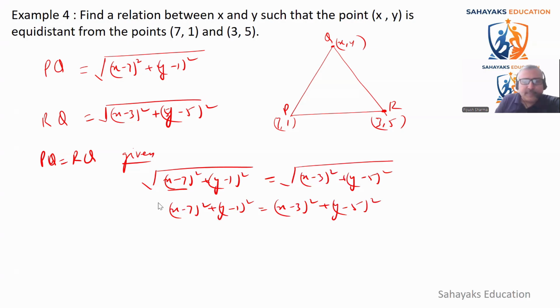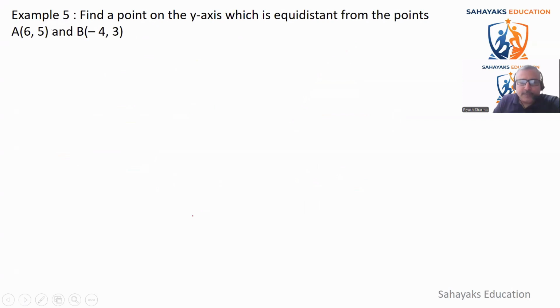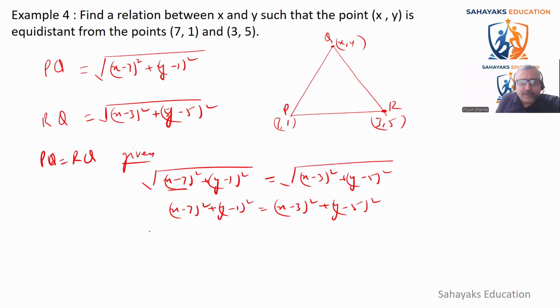I require more space here. Anyways, let's go back to this question. Okay. So values will be x square plus 49 minus 14x plus (y minus 1) whole square is y square plus 1 minus 2y.